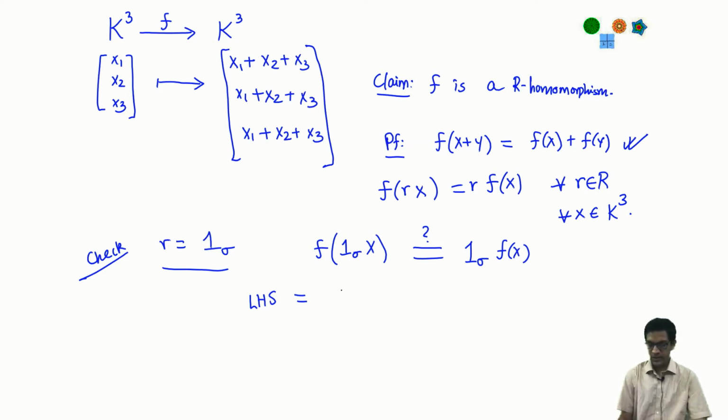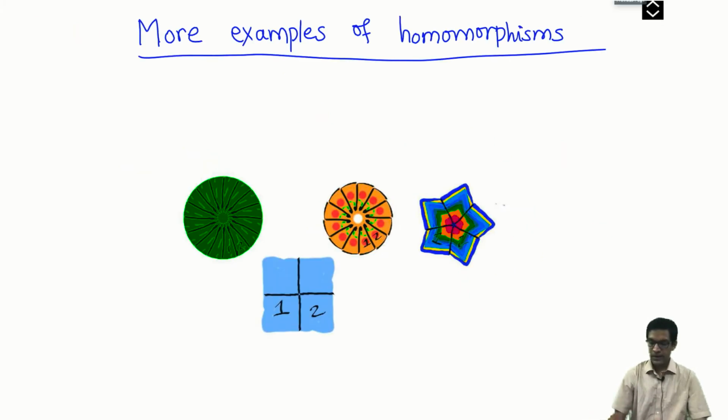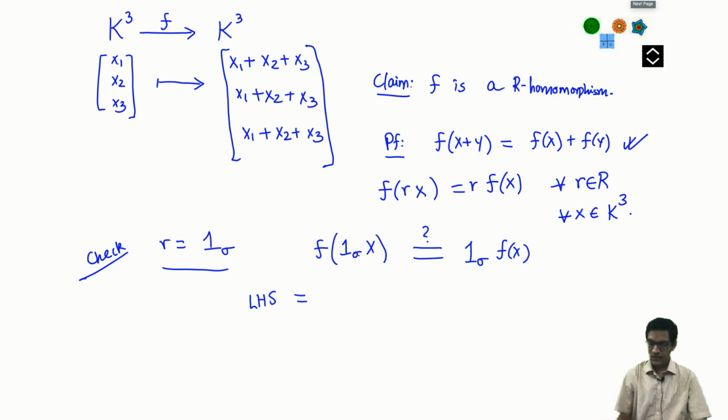First I need to operate 1 sigma on x. Recall what 1 sigma does. When 1 sigma acts on x1, x2, x3, it just permutes the 3 coordinates in some way according to sigma. It's still the same 3 guys, but they occur in some other order. But observe that when I apply f to that answer, f is just summing up the 3 coordinates and giving me the total.